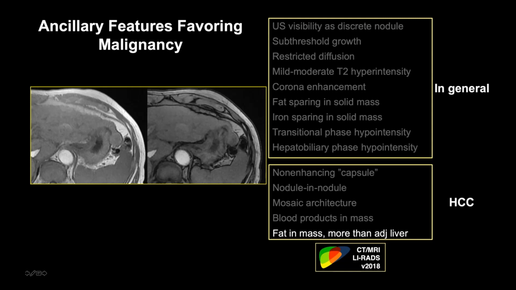Here is the in and out of phase. For those of you with eagle eyes, you probably observed this exophytic observation hanging off the left lobe of the liver, right here. And since pure cholangiocarcinomas do not have fat in them, this feature is more specific for HCC in the cirrhotic liver.